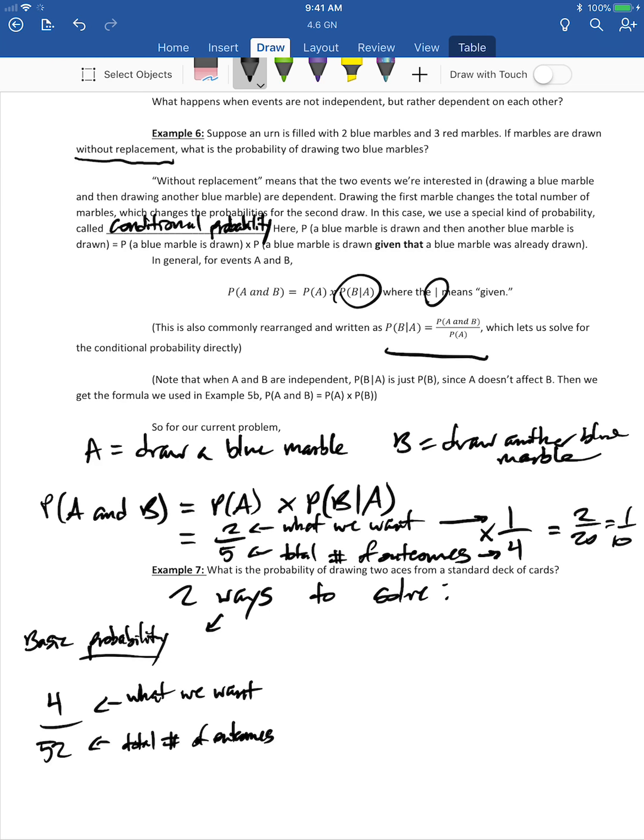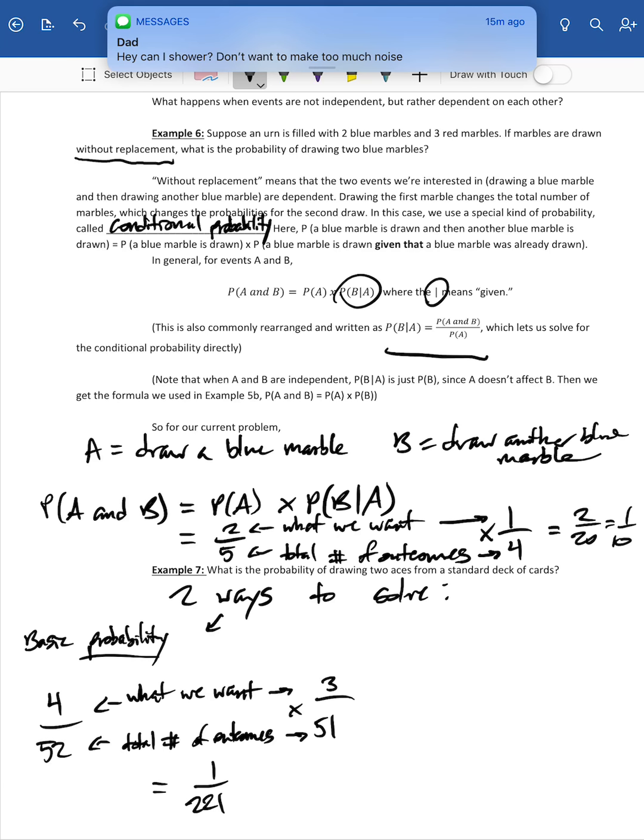For my second draw, I want another ace. So there's 3 left and 51 cards left in the deck. That's for my second draw. So multiply these 2 fractions together, simplify, I get 1 over 221.